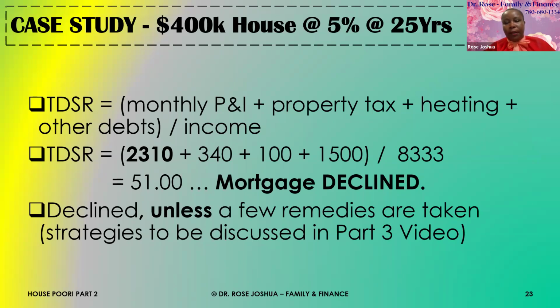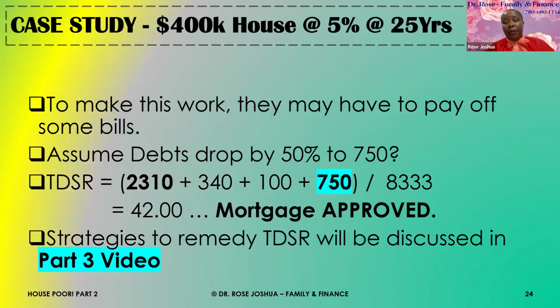We're going to take a deeper look at what you can do to reduce your TDSR and GDSR in video number 3. But for now, let's say the mortgage broker says, pay off some bills. And then you bring the bills down to $750, then you can be approved.